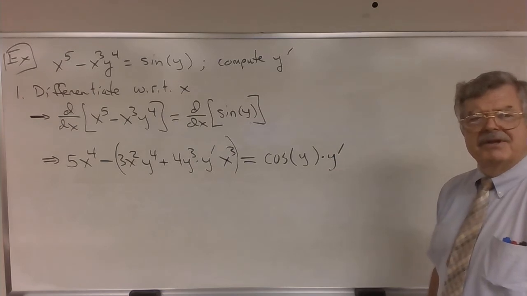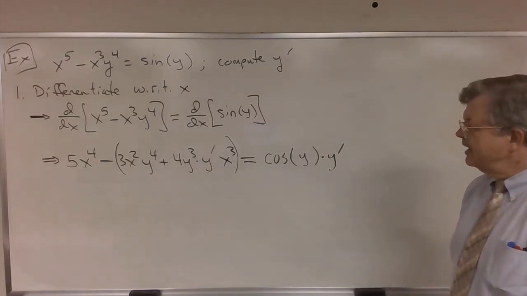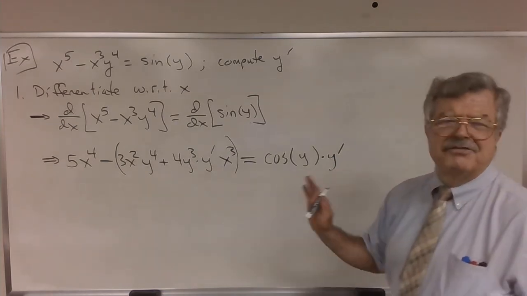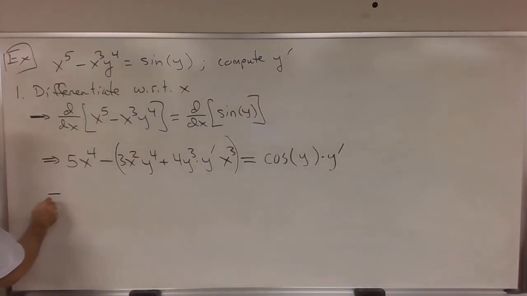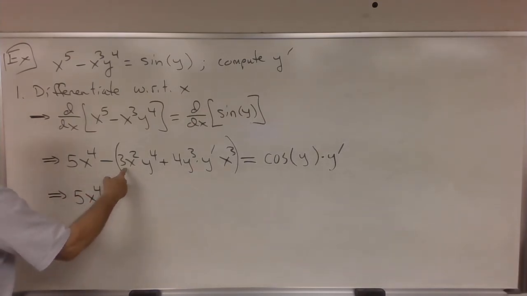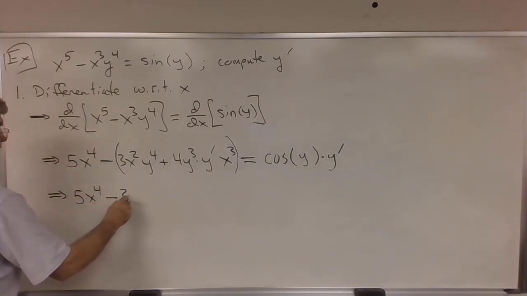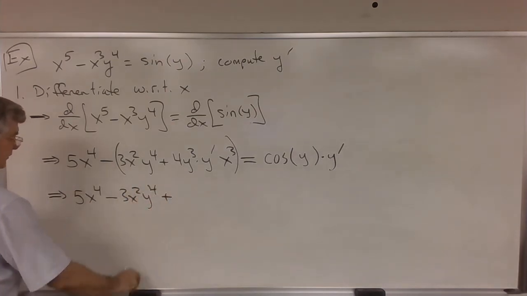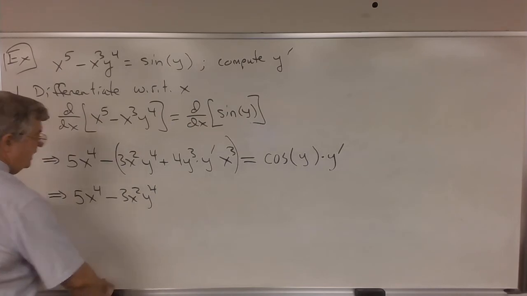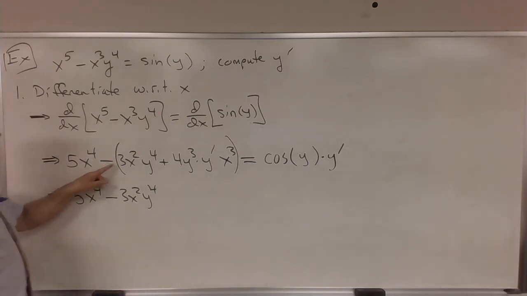Boy, this is a complicated little devil, isn't it? Now again, I think I'm just going to simplify a little bit. So minus 3x squared y to the fourth. Oops. And I think I'm going to distribute this minus sign to both terms here.